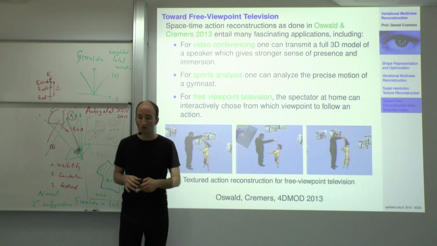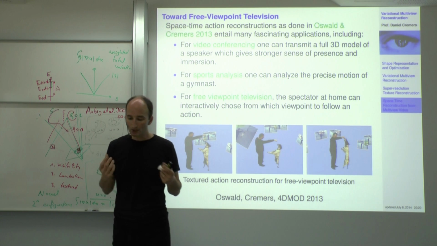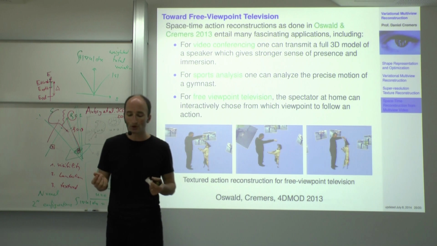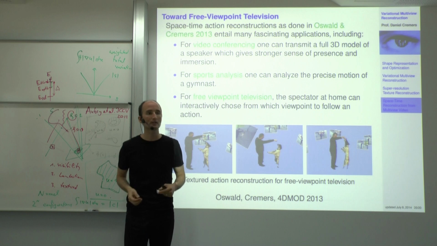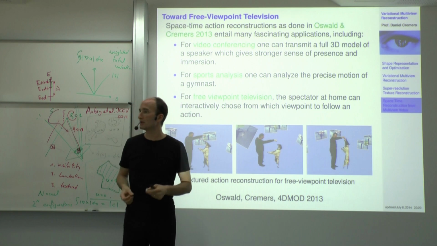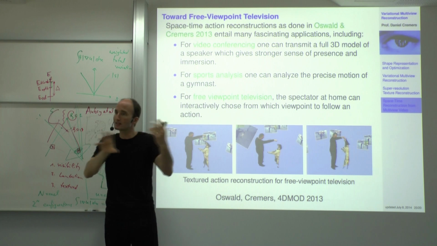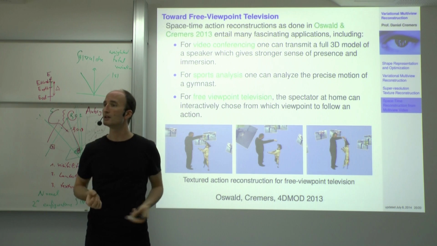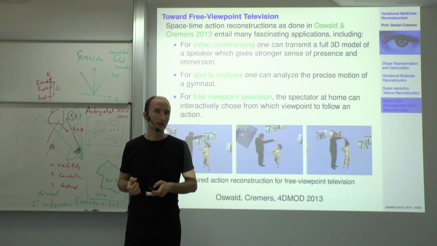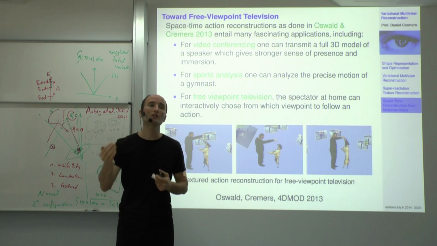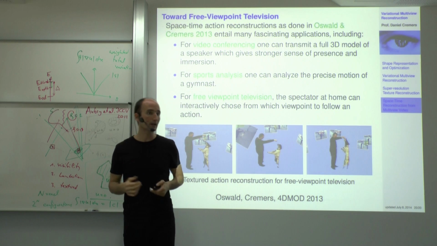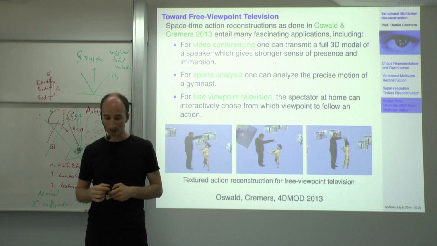That is nowadays possible, and that gives you a much better sense of being present, a sense of what's called immersion. So if you do video conferencing with someone, you can see him from different viewpoints because you have a 3D model. So you can put on 3D glasses and then you can actually visualize the 3D model so that you get a full 3D effect. And that gives you more of a sense of actually being there as well. And so all of these technologies will be coming in the coming years.